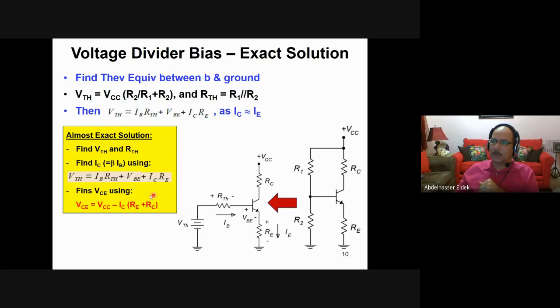After that, you use the same equation to calculate VCE because you still use this loop, this branch. So VCC equals RC times IC plus RE times IC plus VCE. Or you can merge them together, then you can say VCE equals VCC minus IC times RE plus RC.